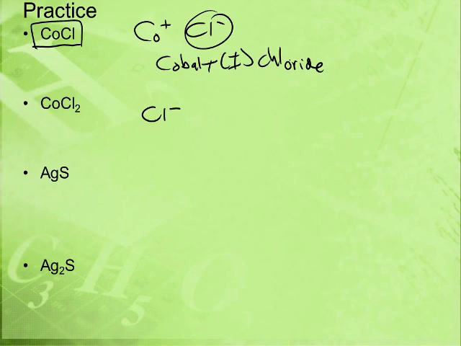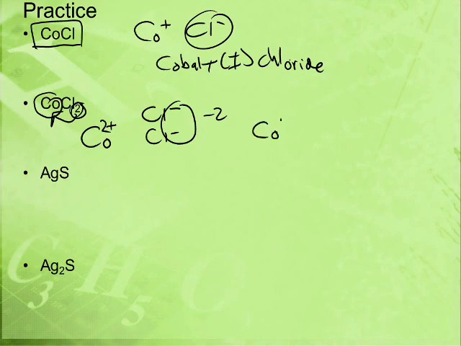So if there's 2 of them, it has a total charge of -2. And there's only 1 of these, so it has to be +2 to balance it out. Because there's 2 negatives here, this has to be +2.